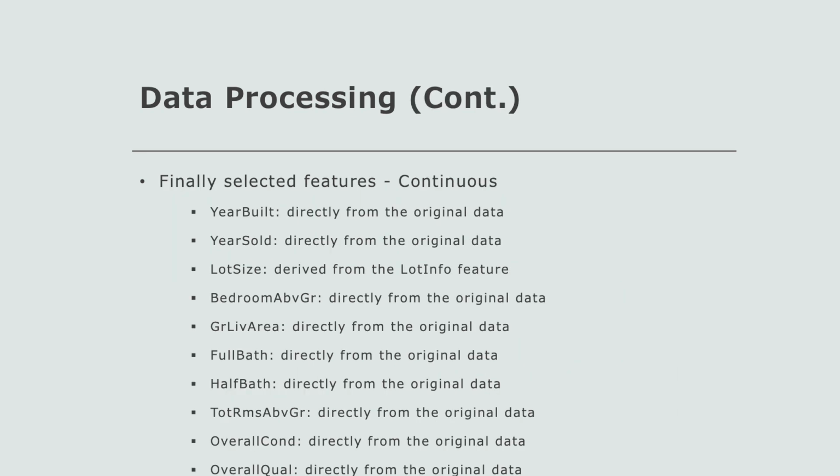Now let's talk about the finally selected features. Generally, the features were divided into 2 groups, continuous and discrete. So here we have the continuous features. I'm going to go through the list one by one. First one is the year built, which tells which year the house was built.